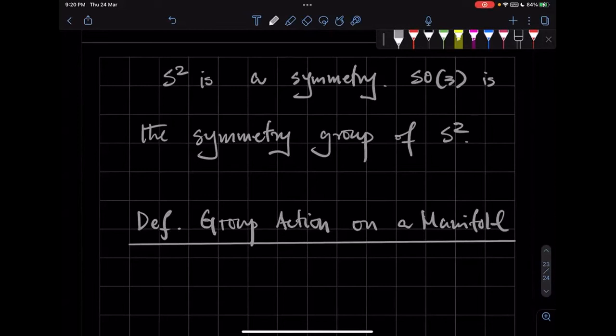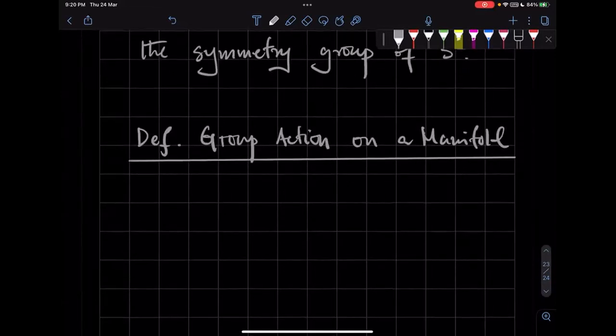So therefore, the rotation group should be the symmetry group of the globe. But if I translate the globe, then of course the globe is no longer where it used to be. Then that is not a translation symmetry of the globe. Okay. So let's define the group action on a manifold.